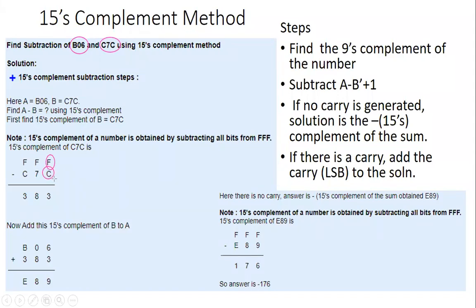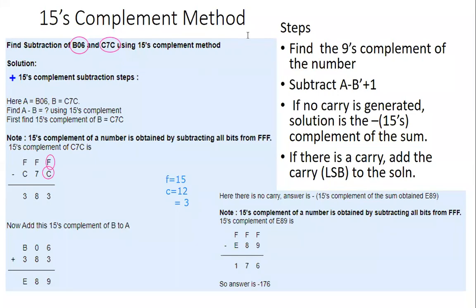A represents 10, B represents 11, C will represent 12. So 15 minus 12 will be equal to 3. Like this you have to do it. So 15 minus C is 3. Again F minus 7. F is 15. 15 minus 7 is 8. F minus C is 3. 383 I have got. Now what is the next step?